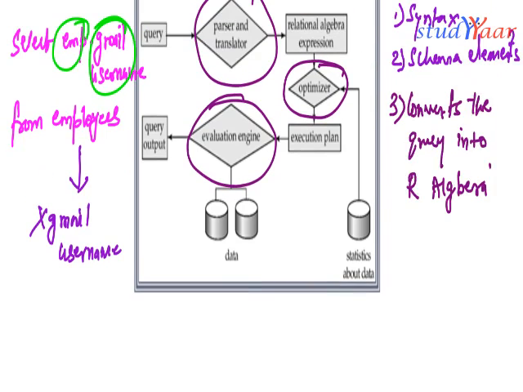Now next we are going to come to the optimizer. Let's see what it is going to do. The optimizer basically finds the best way, or the best plan, to evaluate a relational algebra expression. Let's suppose I want to find the names of the people and their salaries who have salaries greater than 50,000.